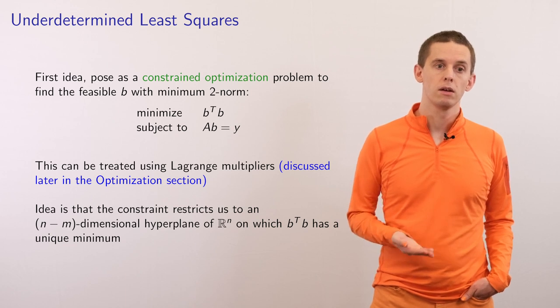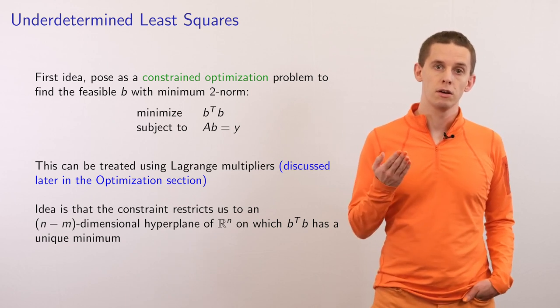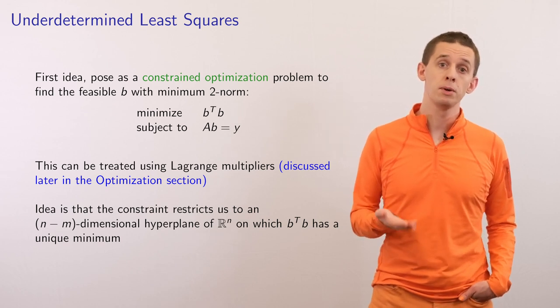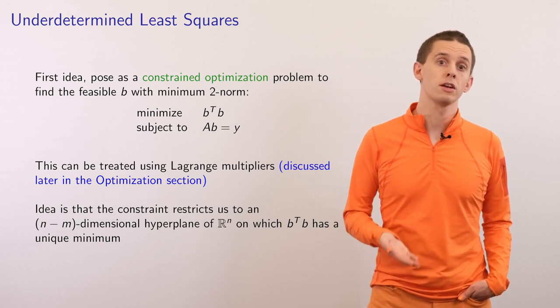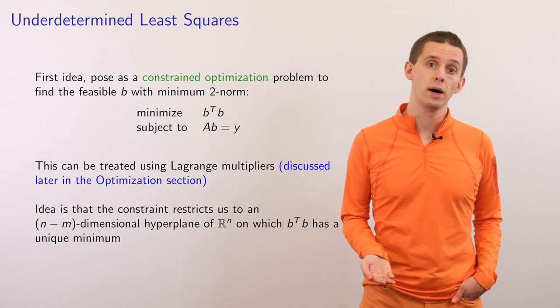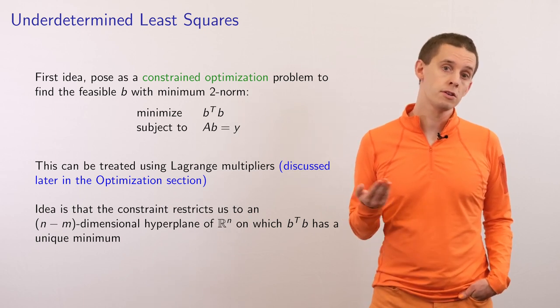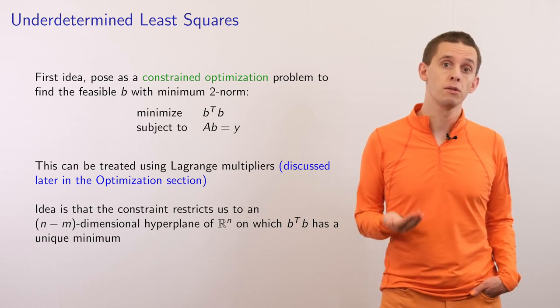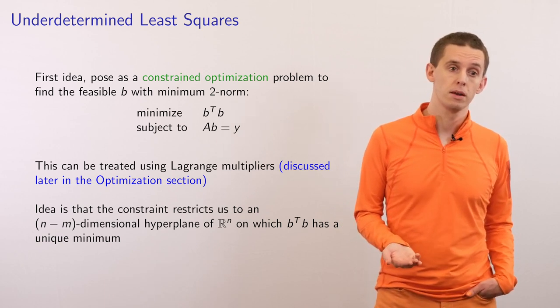So here we could find a solution b that minimizes the 2 norm b transpose b, subject to the constraint that Ab equals y. And this is possible, and it can be treated using Lagrange multipliers that we'll cover in the optimization section.